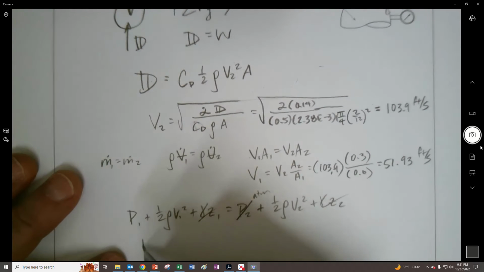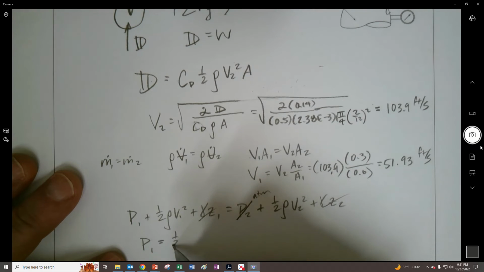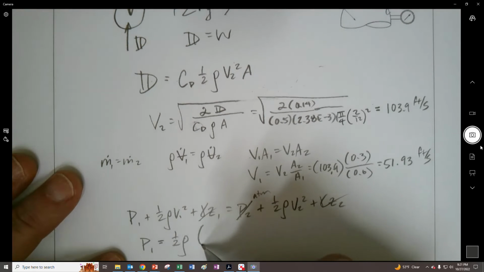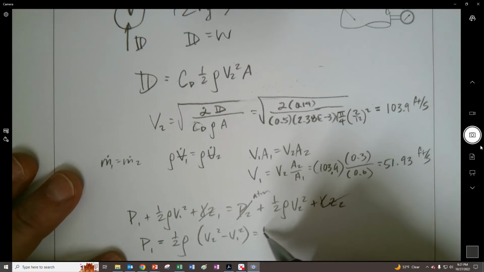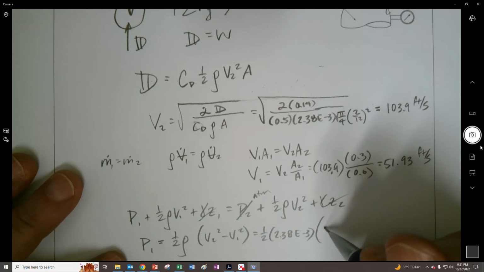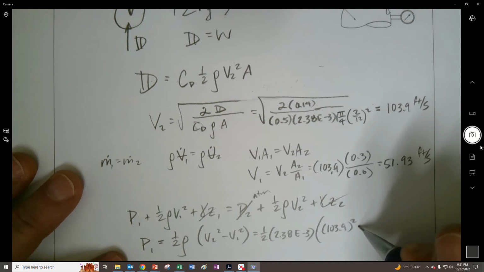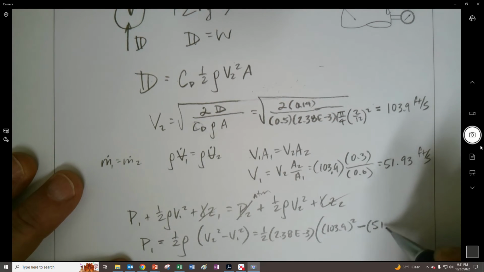So we can find P1 is equal to 1/2 rho times V2 squared minus V1 squared, or 1/2 times 2.38 e minus 3, times 103.9 squared minus 51.93 squared.